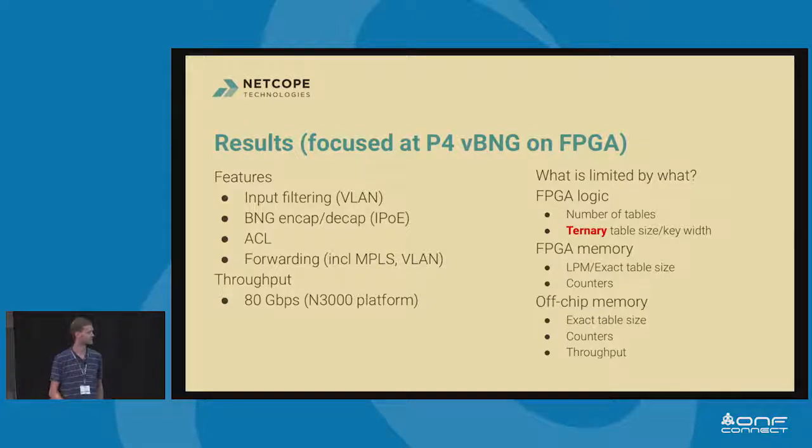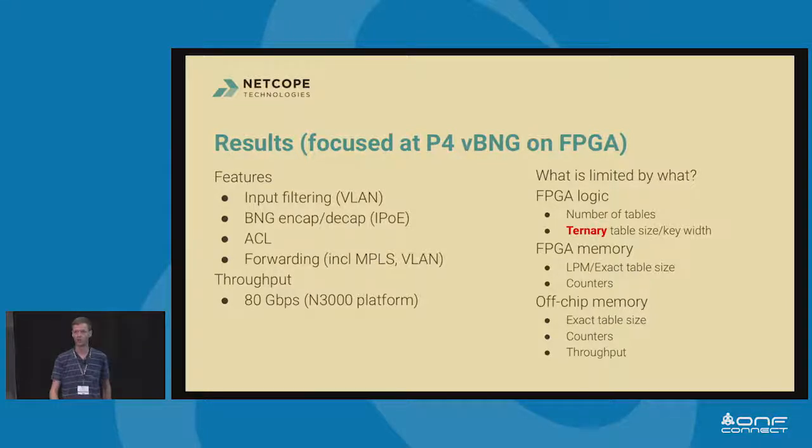The N3000 platform has 80 gigabits per second throughput, and the pipeline that we compile is by design designed to run at line rate. So 80 gigabit is the throughput that we should be getting from this platform.